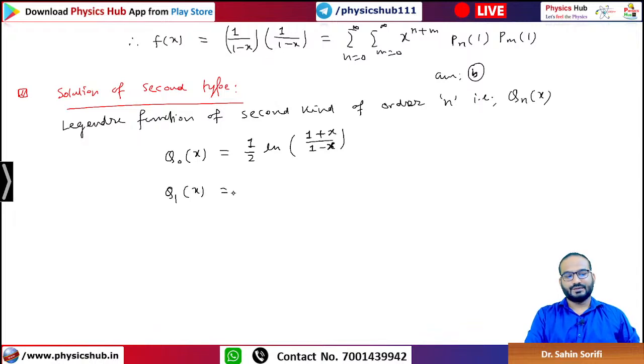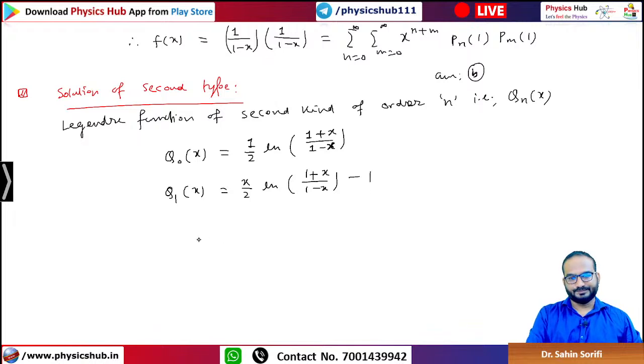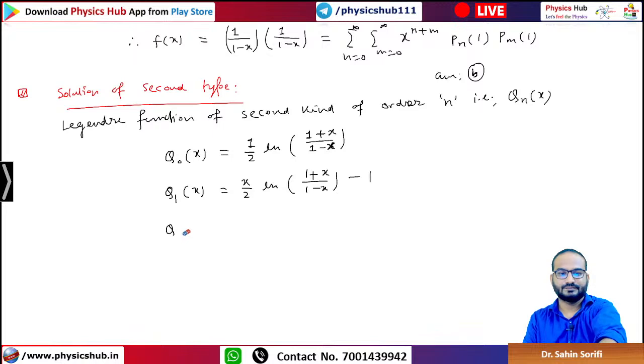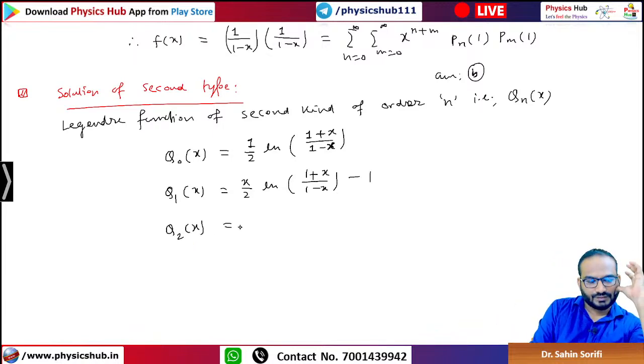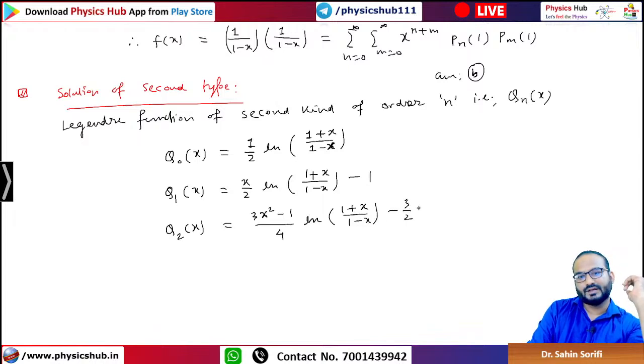Q1 of x equals x by 2 ln of 1 plus x by 1 minus x minus 1. Q2 of x equals 3x squared minus 1 by 4 ln of 1 plus x by 1 minus x minus 3 by 2 x.